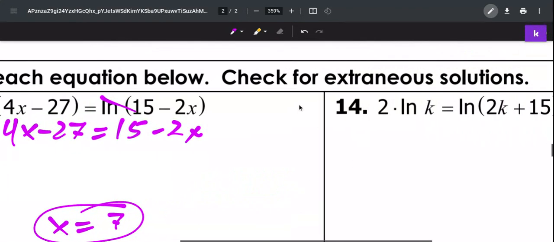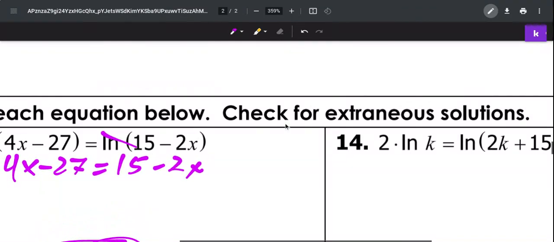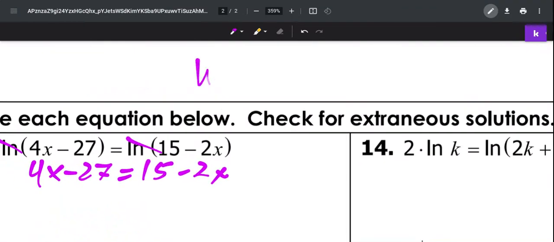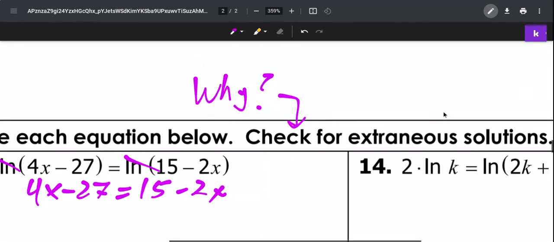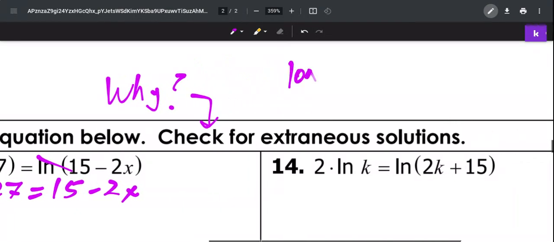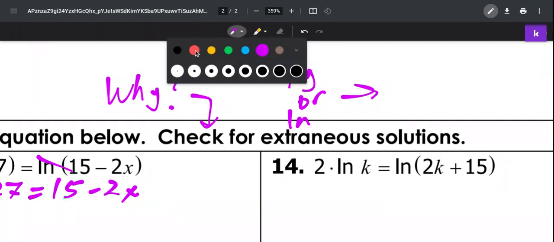Now, remember, we need to check our solutions. So why are we checking? Because when you do a natural log or a logarithm, remember, they're the same, essentially. They're both logarithms. One's just a natural logarithm with a base e. Either way, your logarithm cannot be negative.